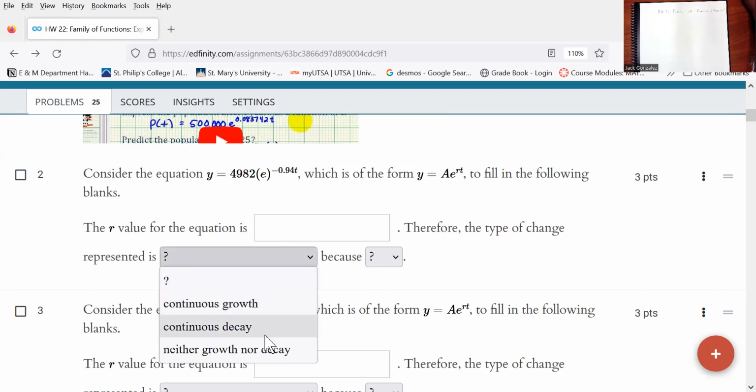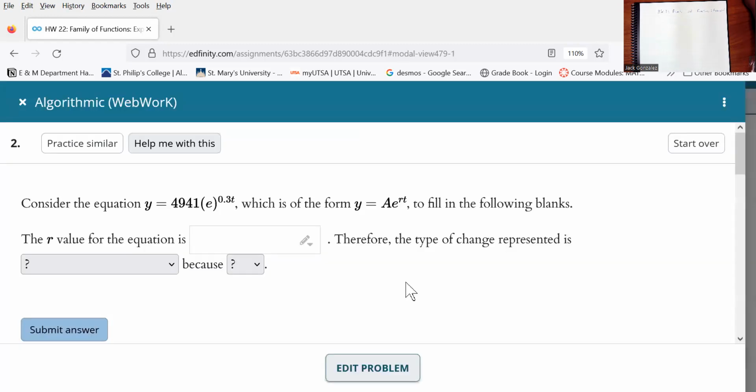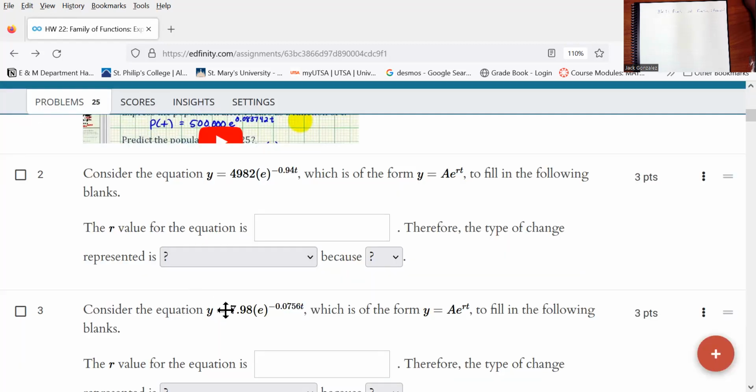Is it growth or decay, or is it neither? If it's negative, you make your decision. And if you plug in numbers, you'll see it. As you plug in bigger and bigger T numbers, years, you'll see the output getting smaller. So it'll be obvious, because R is less than 0.